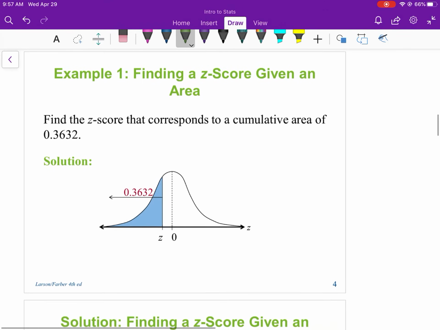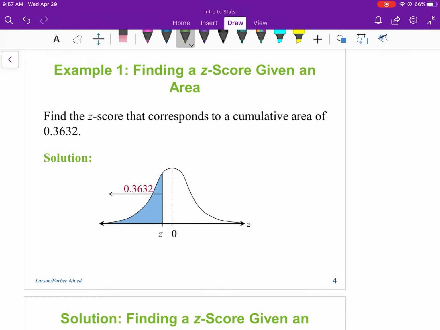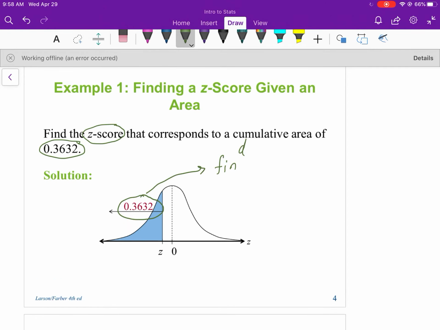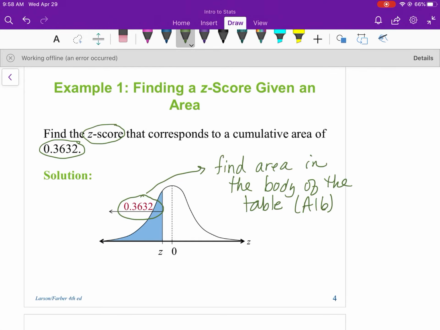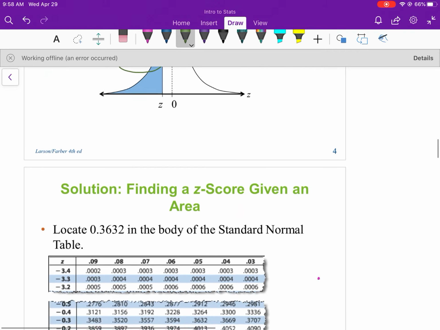Our first example, we're going to find the z-score that goes with this area right here. Remember that the z-score gives the area on the left side. All you need to do is take your table A16 and find that area in the body of the table. All right, here's a snapshot of what that table looks like.